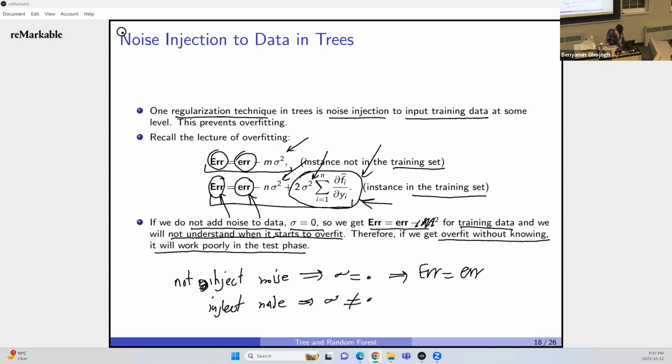Then I will have error plus complexity. In this case, I will find out that my error goes up because of this complexity. Did you get it? This is the reason that when we add noise to data, we find out when we get overfitted.